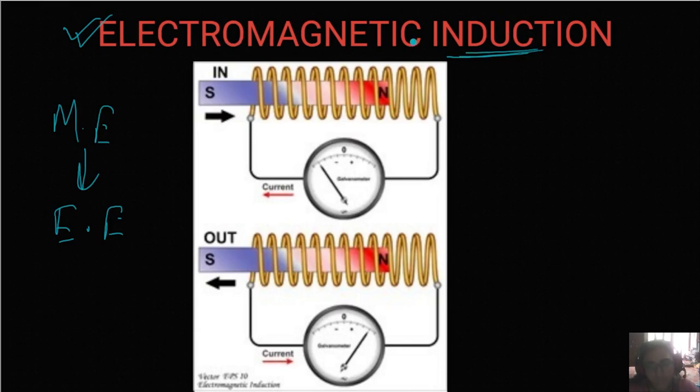Obviously any normal substance you put inside a copper wire will not produce a current. It has to be a magnet, and it has to be constantly displaced at a high speed, and that will lead to the production of electricity.